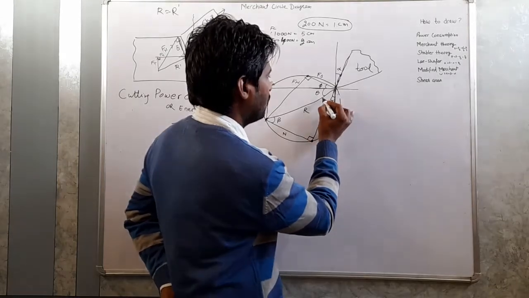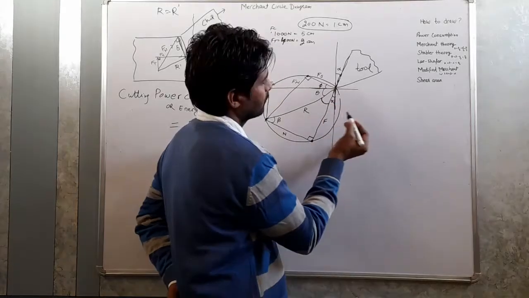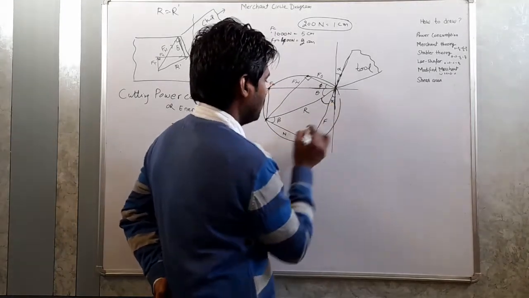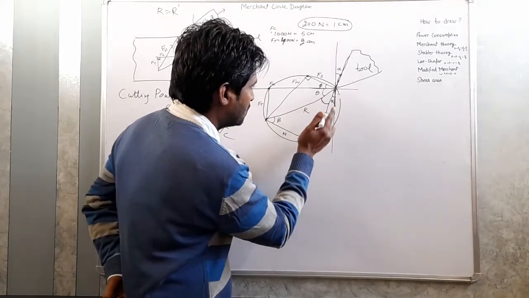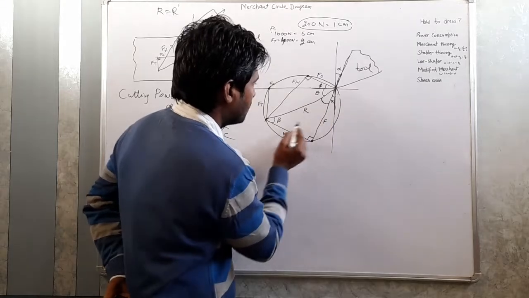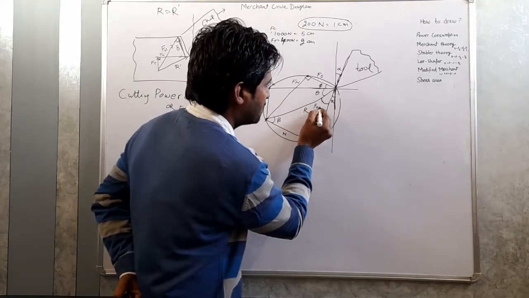So what is the value of this angle? From this triangle, this is 90, this is beta, so this will be 90 minus beta.